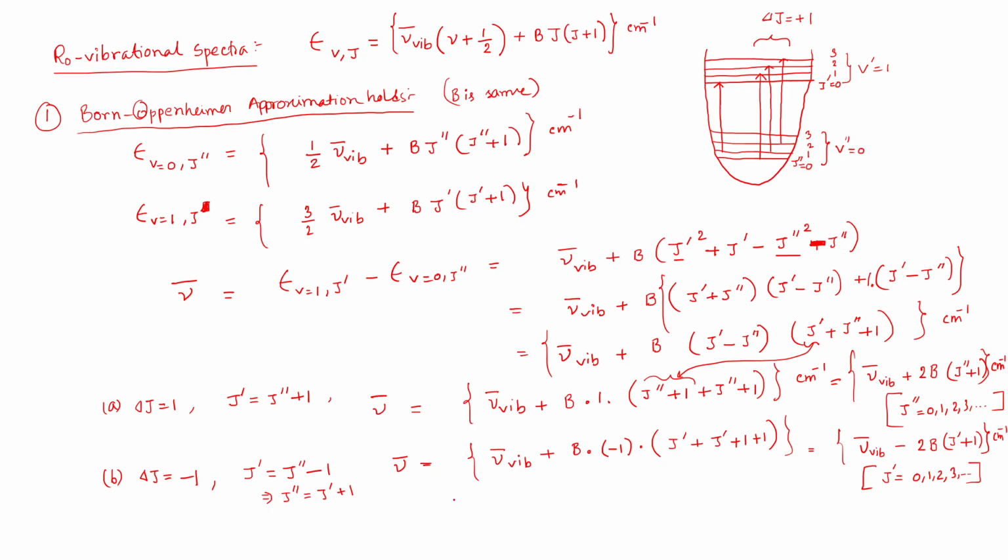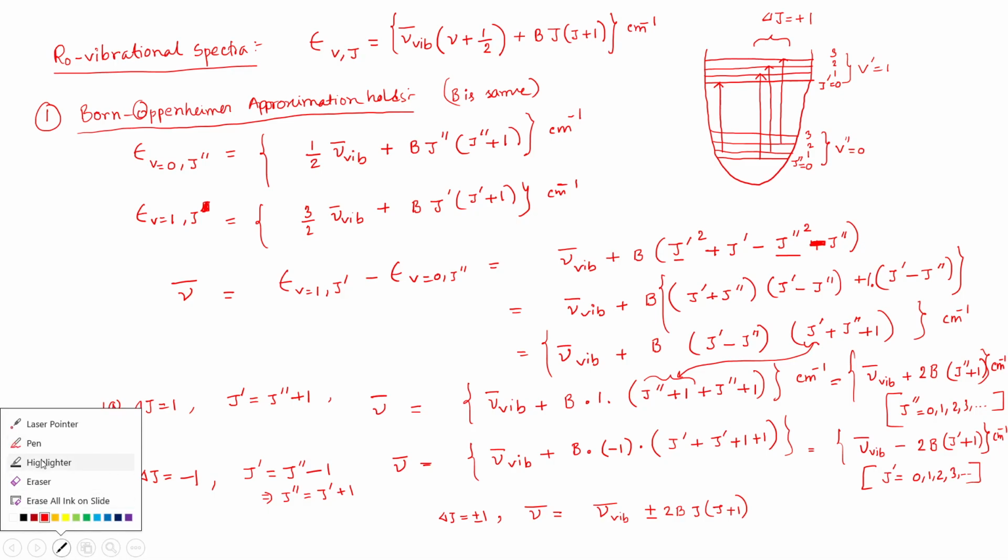So for delta J plus minus 1, you got nu bar equal to nu vibrational plus minus 2B, now I am writing J into J plus 1. Did you get this? No, I think I have made one mistake. J won't be there, right? Yes.